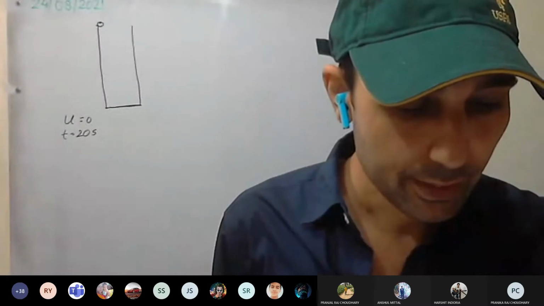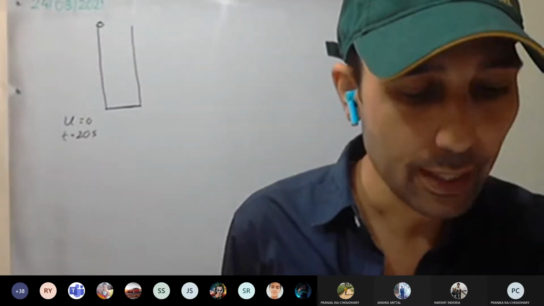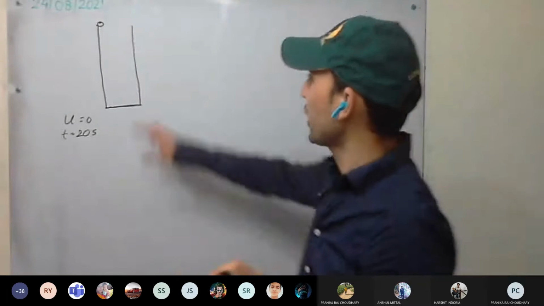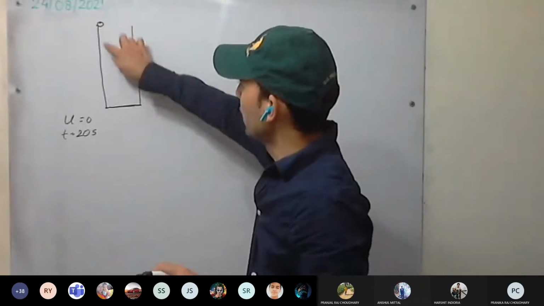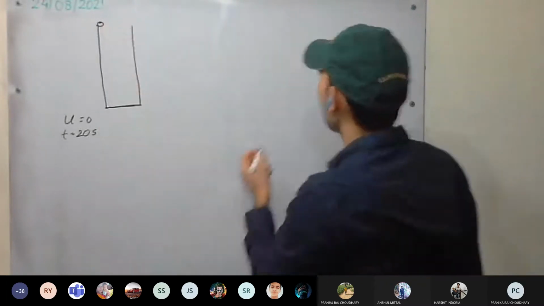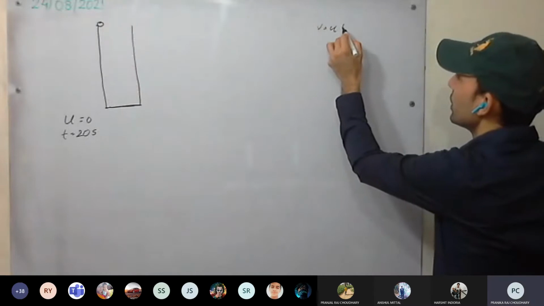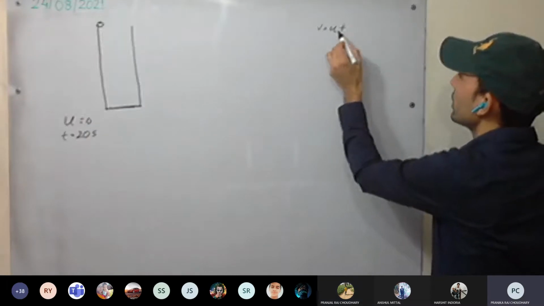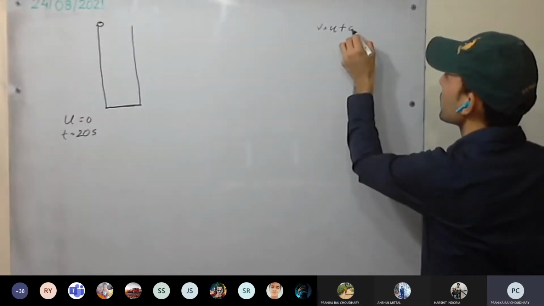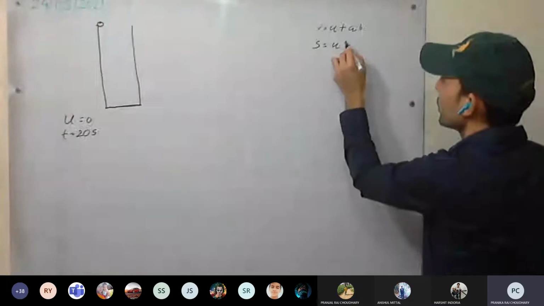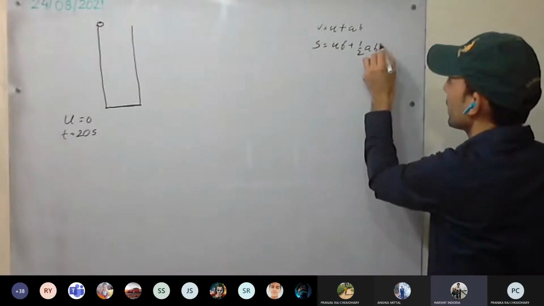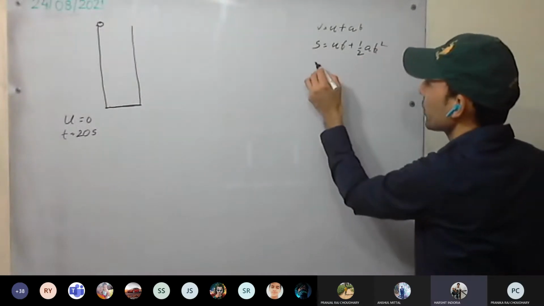Taking g equal to 10 meter per second square and speed of sound 330 meter per second, find the depth of the water surface. First, you have to find the depth of the water surface. Which formula are you going to use? Second: s equals ut plus half at square. Very good.